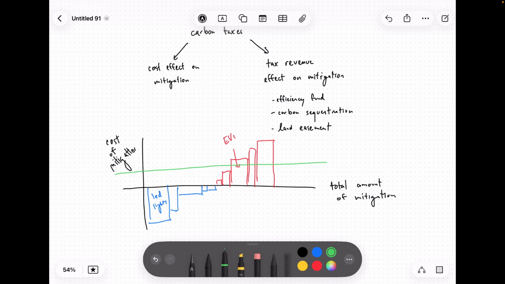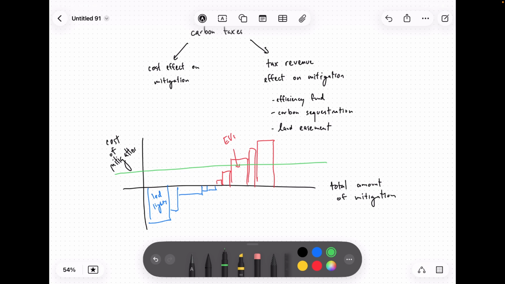So one of the reasons why I'm talking about this in relation to our discussion on tax revenue effect on mitigation is because one of the benefits is that as you obtain revenue from the carbon economy, you can actually help to pay for some of these things that even under the carbon tax might not still be done, right?